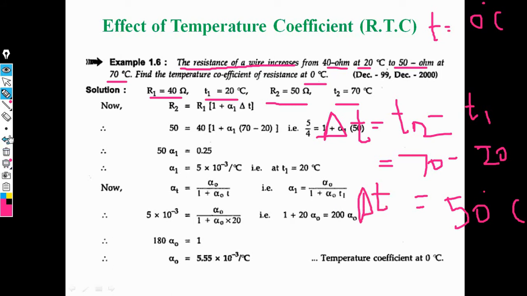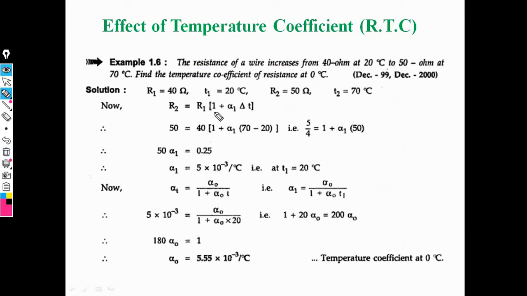Now the value of R2 is given here: R2 is equal to R1 into (1 plus alpha 1 delta T). R2 is given, R1 is given, alpha 1 is not given, but delta T, that is T2 minus T1, is 70 minus 20, which gives 50. Now 40 is multiplied and then divided, the 0 gets cancelled, then we obtain 5 by 4 equals 1 plus alpha 1 times 50. Solving this equation, we obtain 50 alpha 1 is equal to 0.25.